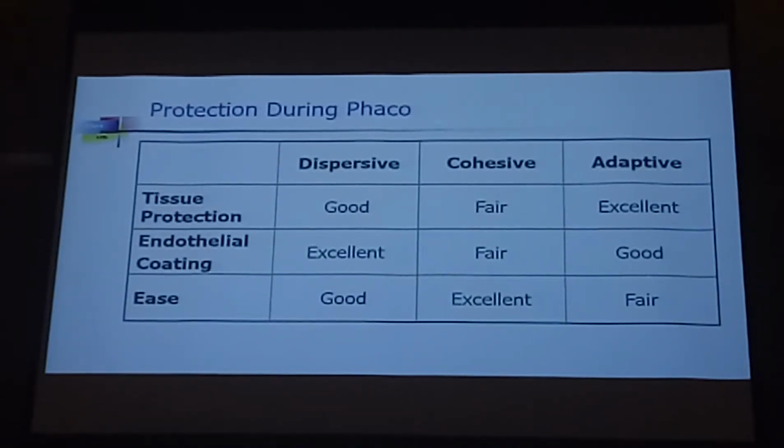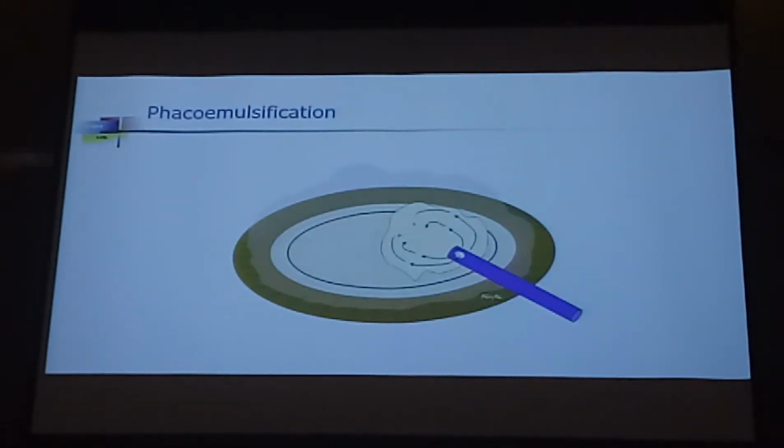Adaptive break into small pieces because during Phaco, where you have fluid flowing, you're actually under high stress. As I explained earlier on the chart, under high stress, the viscoadaptive tends to become more fluid. So they break into pieces, they still coat a bit. It's not a very strong coat, but just by being in small pieces, they may protect the tissue a little bit better. So this is Phacoemulsification.